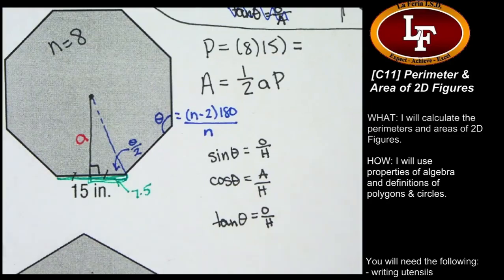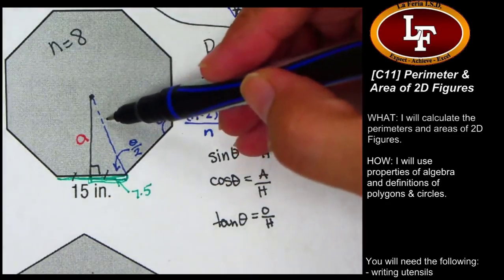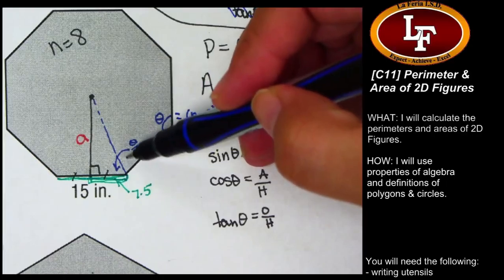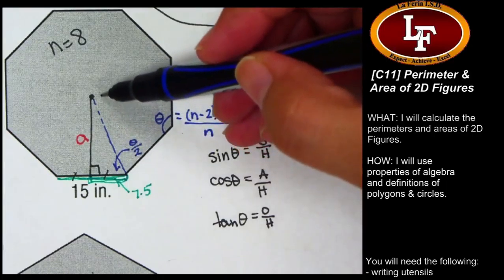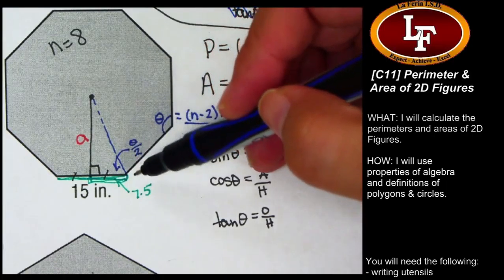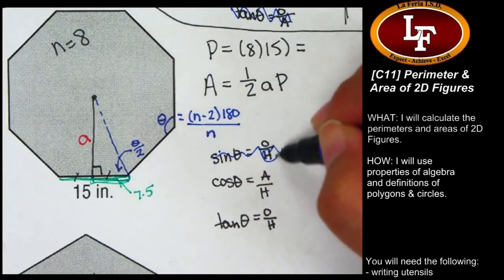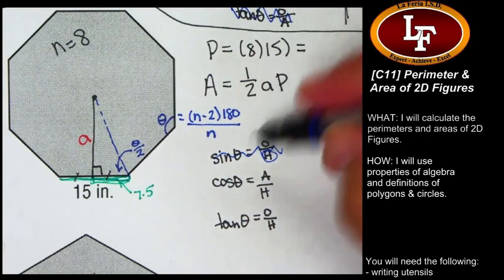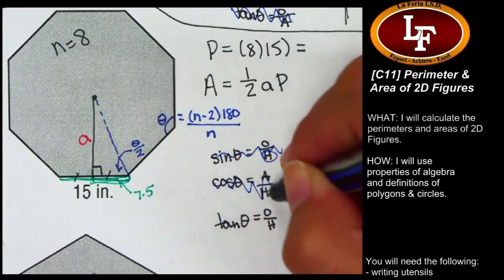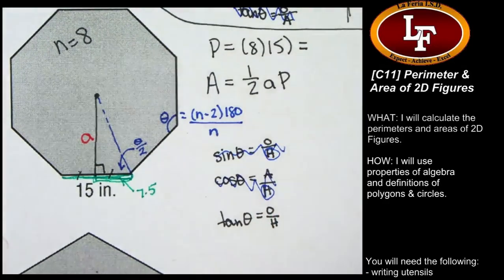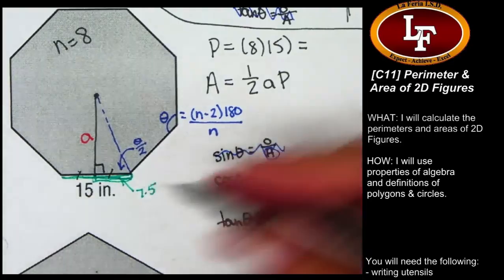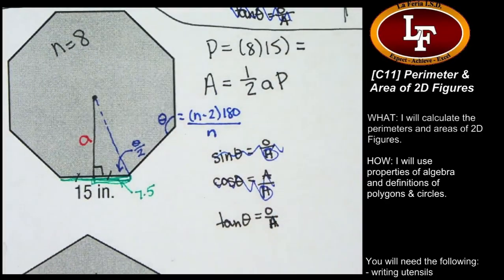I noticed that information about the hypotenuse is missing. Because I have no information about the hypotenuse of this right triangle, I am not allowed to use sine, which requires use of the hypotenuse, nor am I allowed to use cosine, which also requires use of the hypotenuse. I must use tangent.